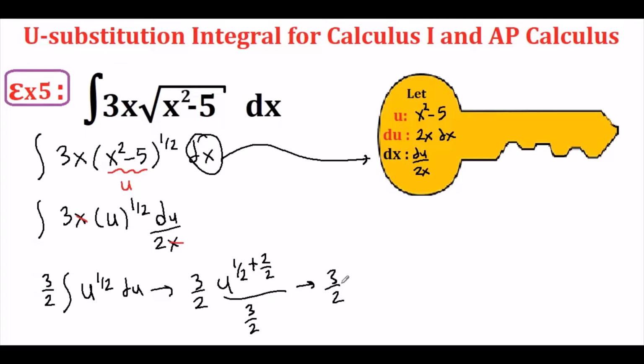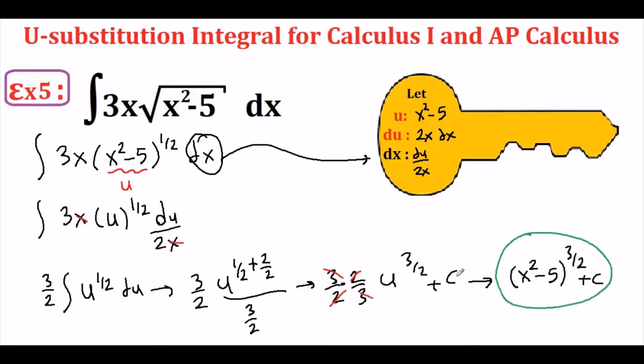We flip this fraction, and u to the 3 over 2 plus c. Here 3 and 2 cancel out crosswise, so we have u to the 3 over 2 plus c. And if you bring u back, which is x squared minus 5 raised to the 3 over 2 plus c, that is our final answer.